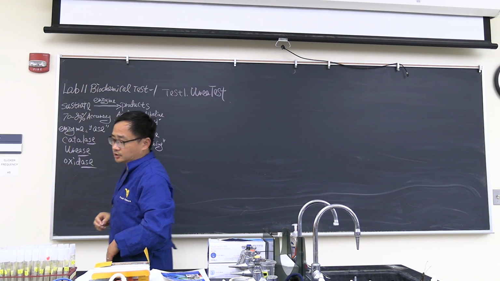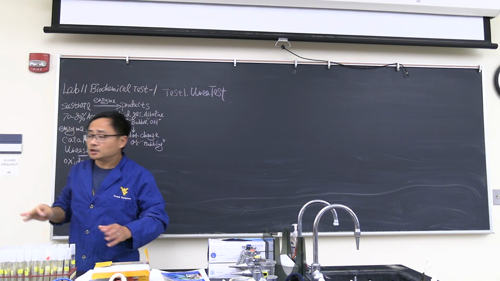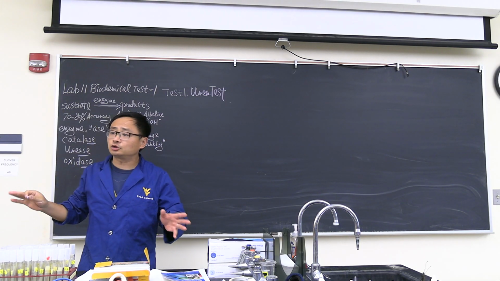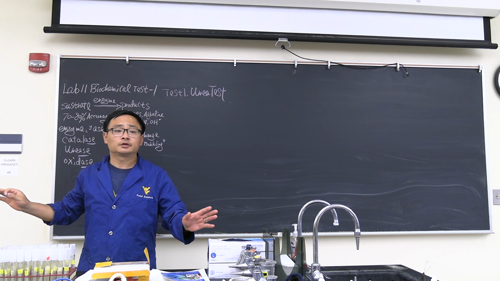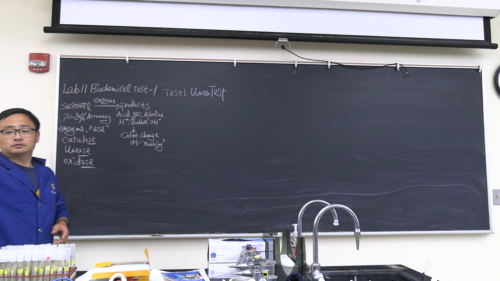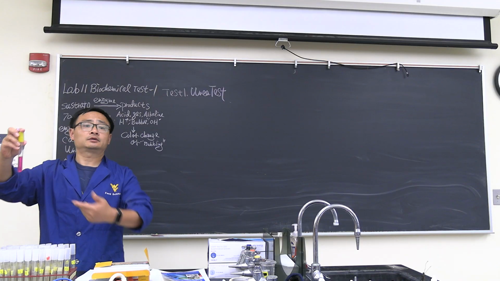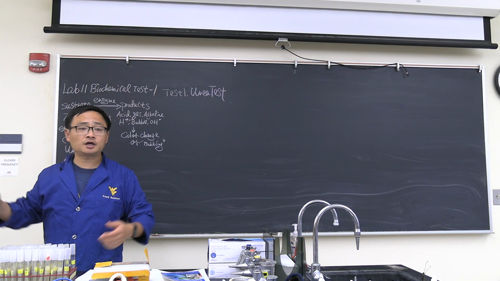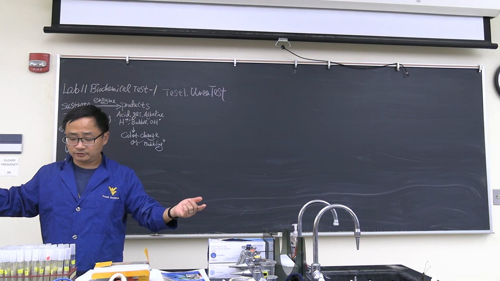Okay, here is something I want to let you know first. Biochemistry test you do is very easy. So basically, you get a urea tube. And then you put the bacteria there, it changes the color, then it's positive, it's negative. Oh, that's simple.